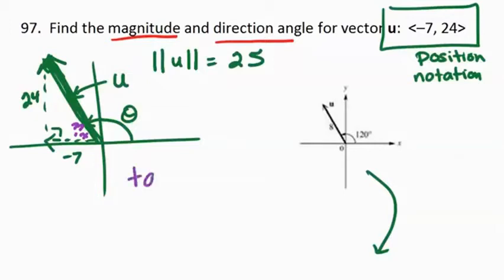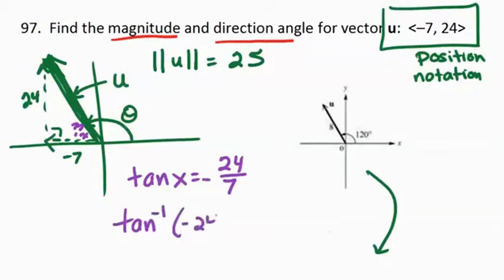Do you see that we could write tangent of x because tangent is opposite leg over adjacent leg? So on your calculator, you would do inverse tangent of negative 24 divided by 7, and your calculator would give you the value for x, and I'm going to pause and find that. On your exam, I don't think I can ask this question because you won't have a trig calculator. And my calculator tells me, and I'm going to round this off, that this is about negative 74 degrees.